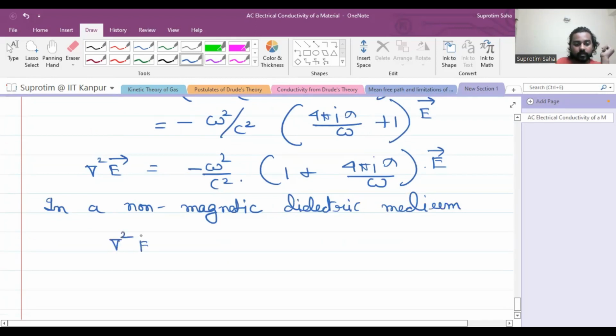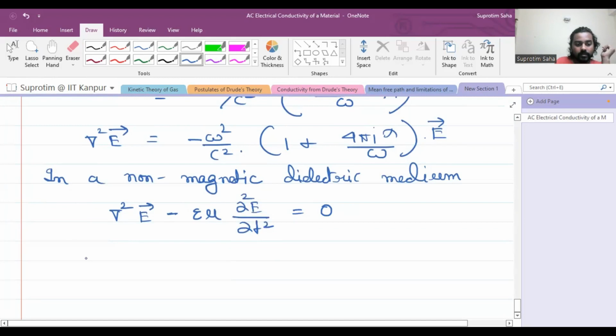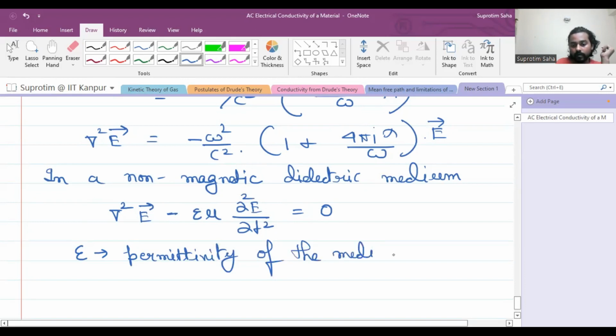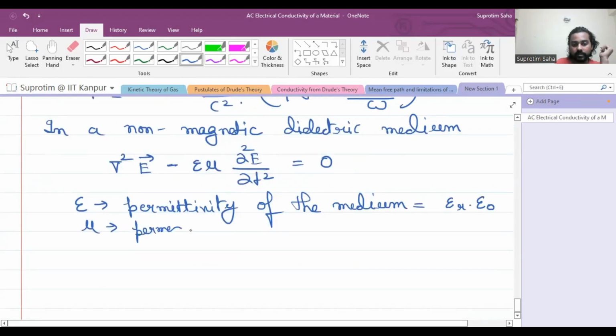Curl of B equals mu times del E by del t. The permittivity of the medium is epsilon r times epsilon naught, and the permeability of the medium is mu r times mu naught.